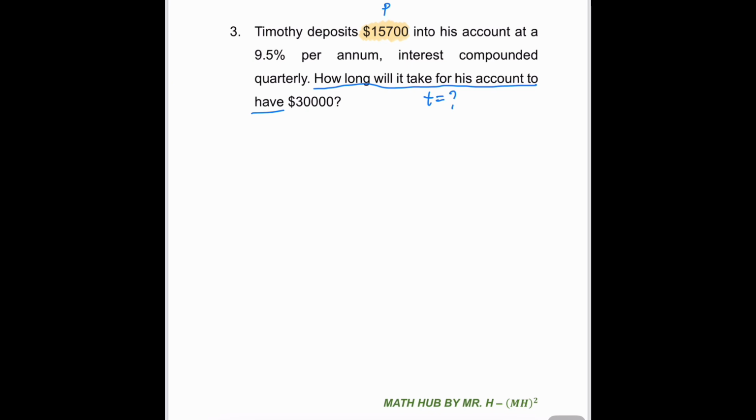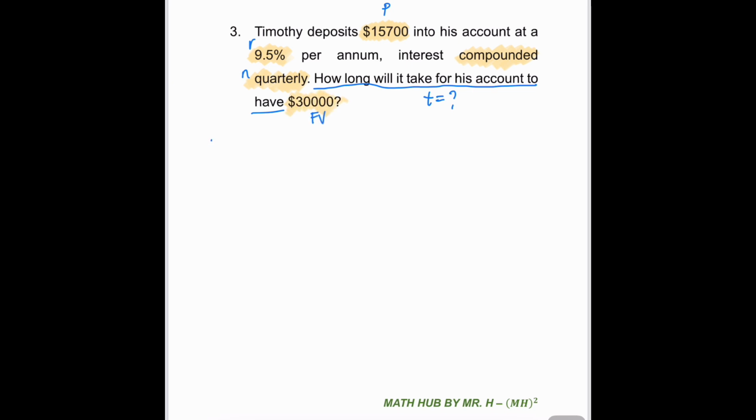You have the interest rate, 9.5%, so that's the r. And it says compounded quarterly, so definitely the value of n here will be equal to 4. And we were also given the future value, which is $30,000.